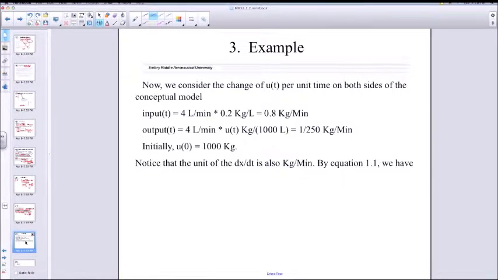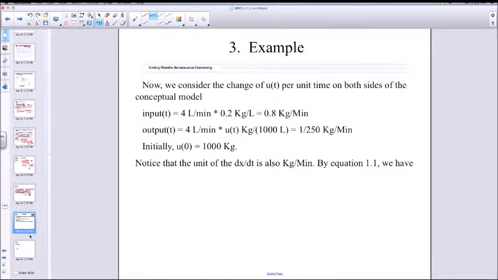So you start to write everything that builds your conceptual model. And the input rate is 4 liters per minute. Because you are considering the pure salt per unit time, you need the volume speed times concentration. Can you see it cancels out the units? You get the flow in: 0.8 kilos of salt per minute.